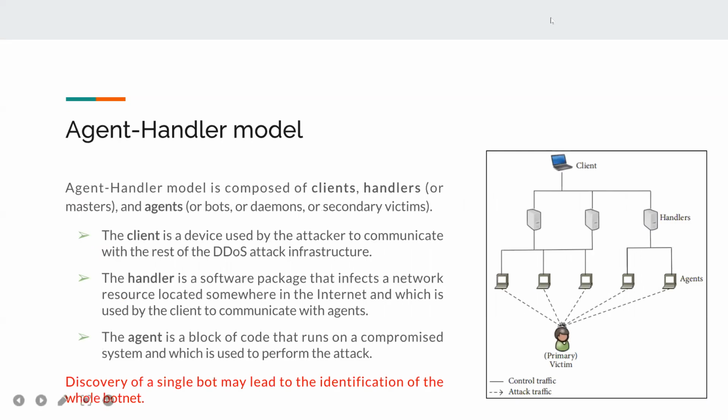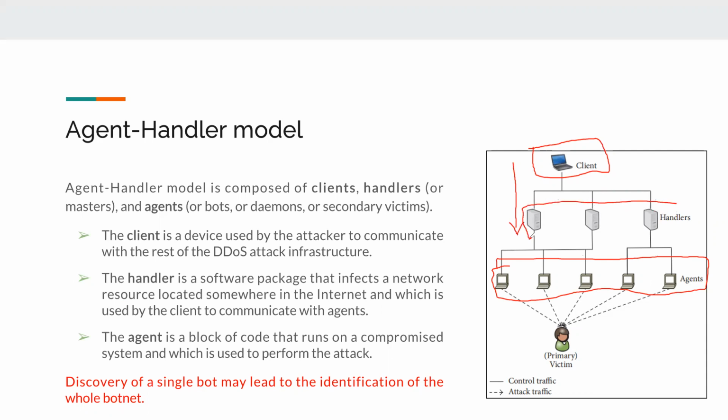I have already talked about this. Basically, this is the client. The client is the attacker, and the agents are the bots. So when a particular attacker wants to perform an attack, he commands the agents through the handlers.